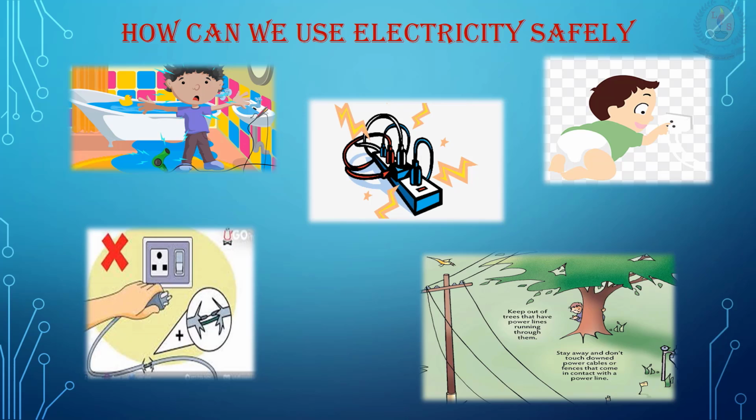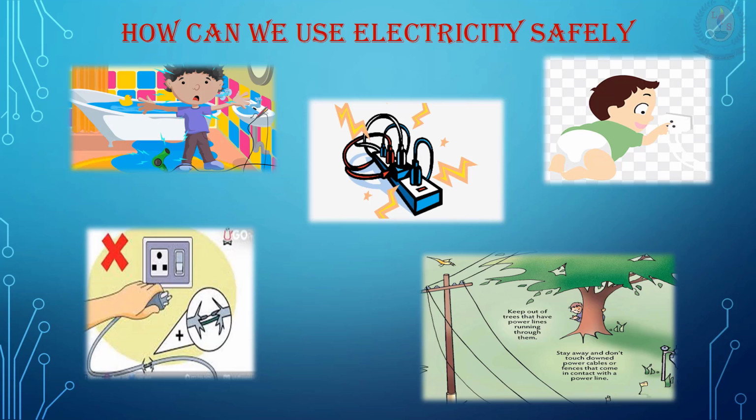When we are using electricity in our day-to-day life, we have to be very careful. So, my dear children, how can we use electricity safely? Do you know electricity is very useful to us?